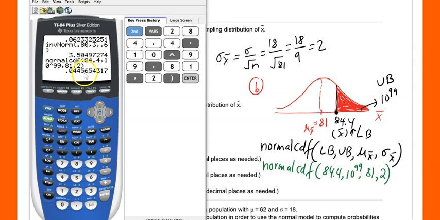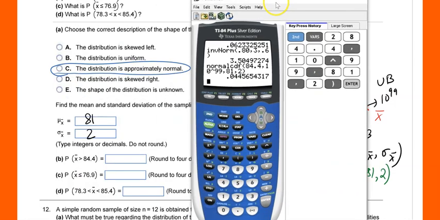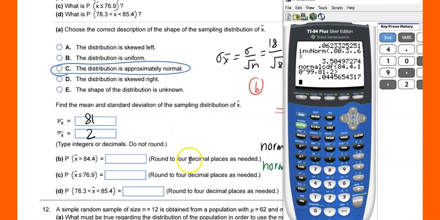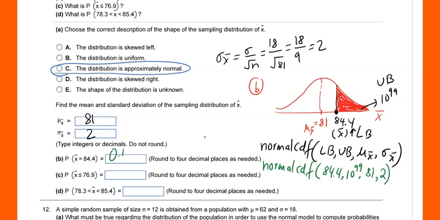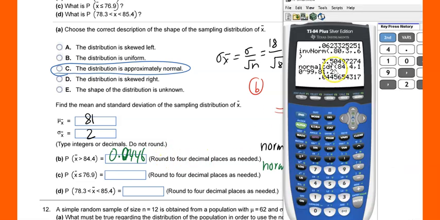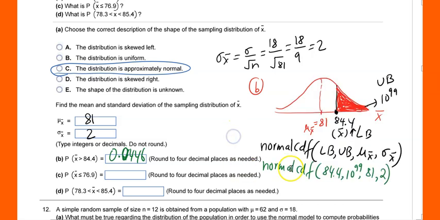Because the instructions say to round to 4 decimal places, your answer is going to be 0.0446. When you round it to 4 decimal places, make sure that you get 0.0446. Okay, and that's how you find it.